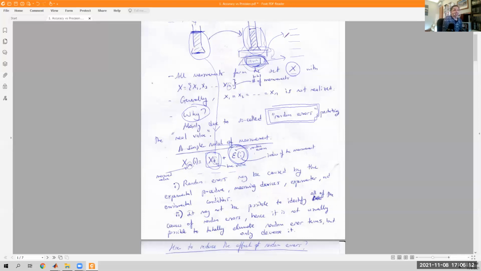There may be some external conditions like vibrations outside or the temperature, which may again affect this reading. So all of these will be buried inside the random error term.